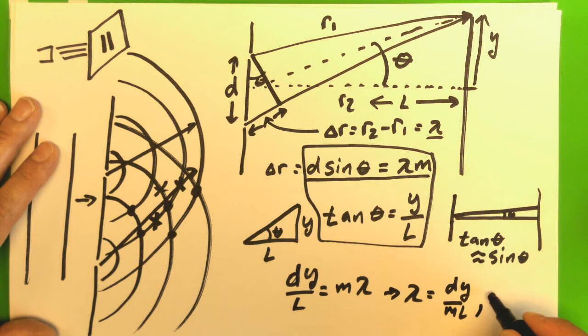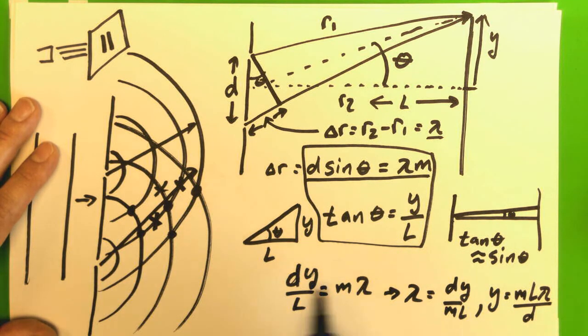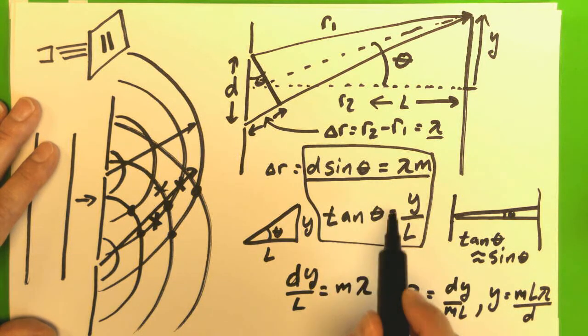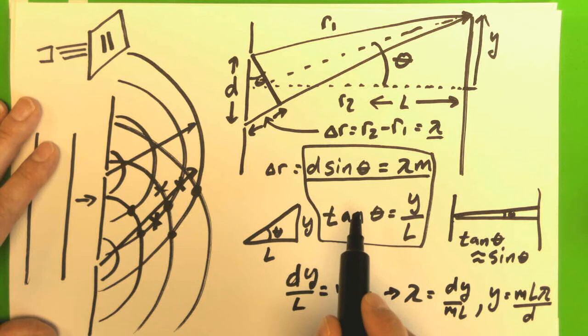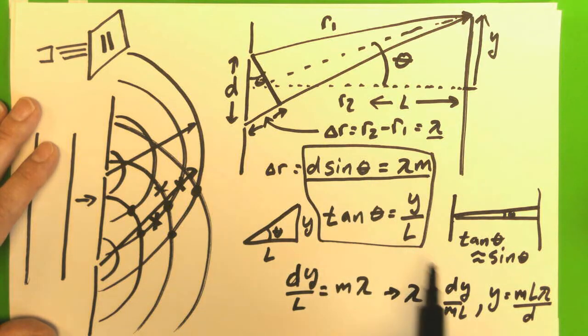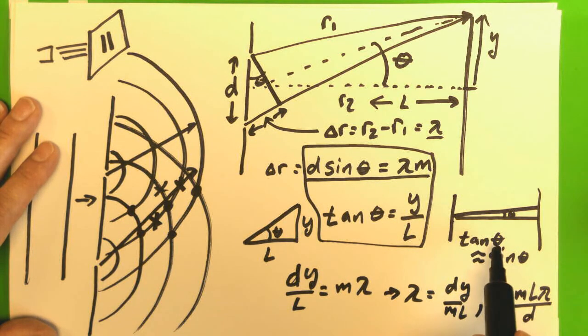And so we can solve for that, and we get y equals m L lambda over d. So these are all useful depending on what you're looking for. These are also useful and don't employ an approximation. Okay, so it's important to recognize that this does assume that the angle is really small. Very often that's the case. Therefore, it's a useful approximation, but it is an approximation.